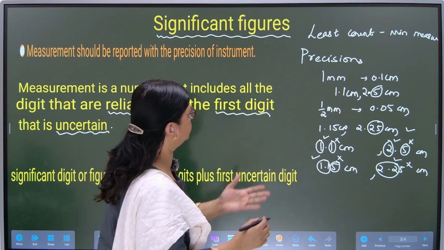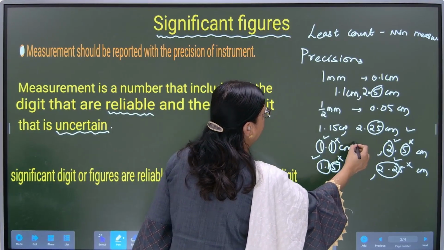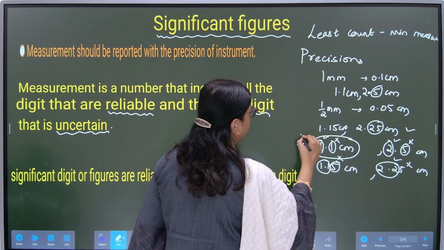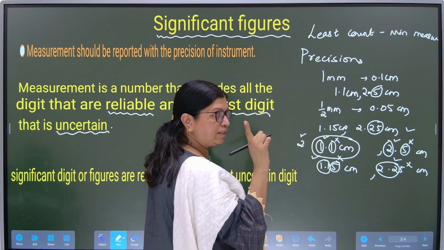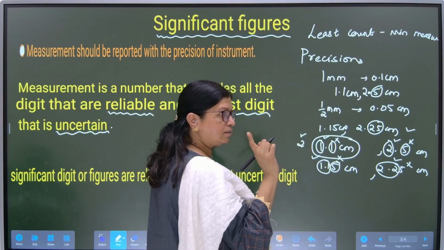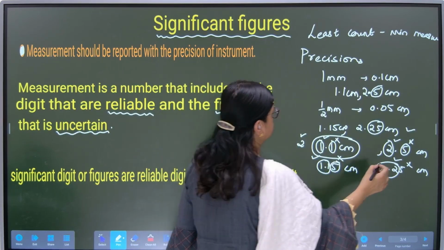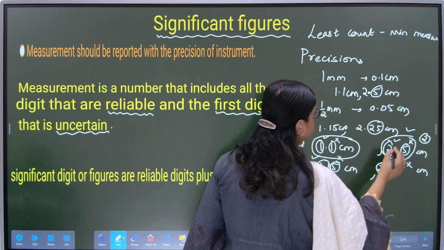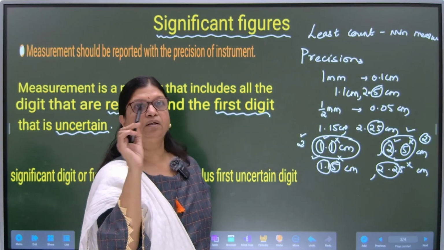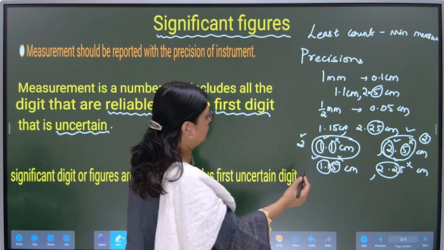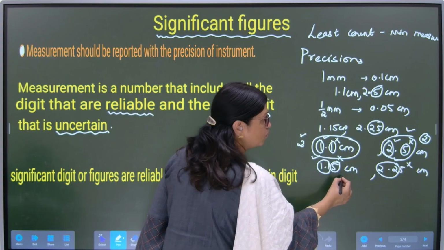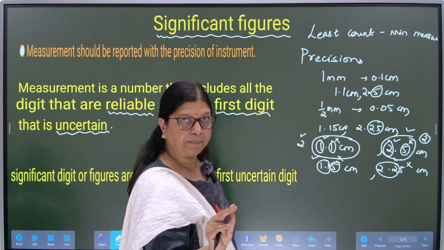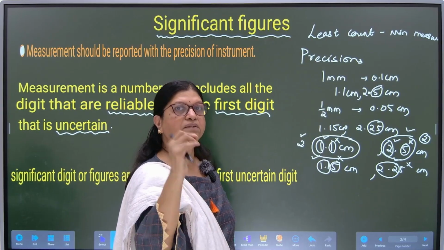So, in this example, we have 2 significant digits. 1 digit reliable, 1 digit uncertain. Similarly, here also 2 significant digits. 1 reliable, 1 uncertain. In this case, 2 plus 1, 3. So 1.1, 2 digits are reliable and 1 digit is uncertain.